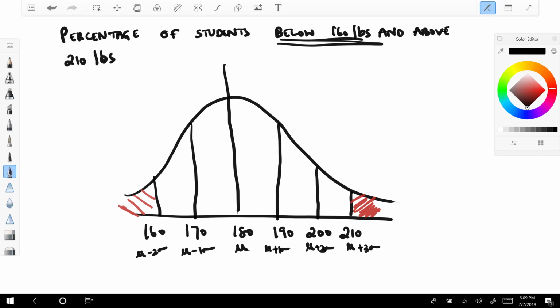So we are looking for this area plus this area. That's what our question is asking us.